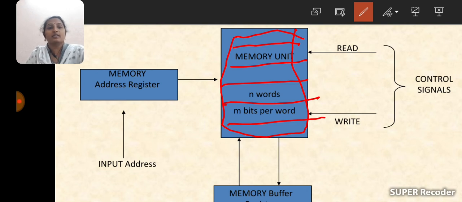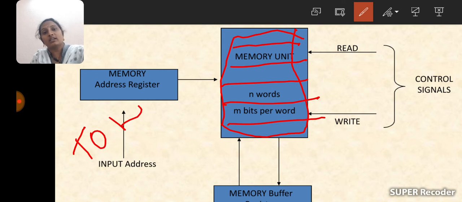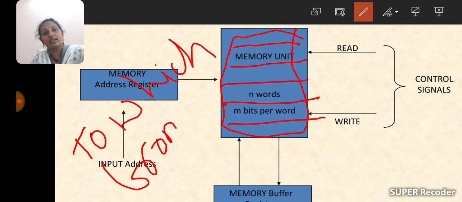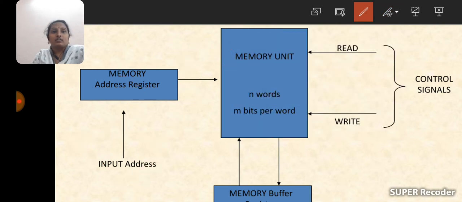For that purpose, in which location of the memory we want to store the data, or from which location we will recall the data, is called what?